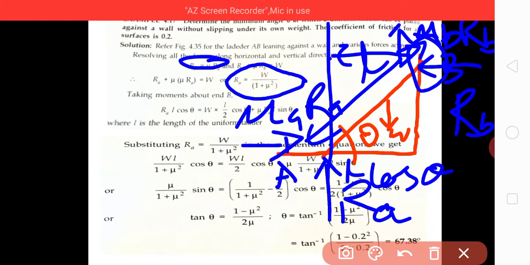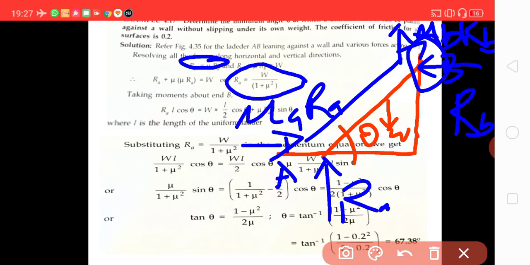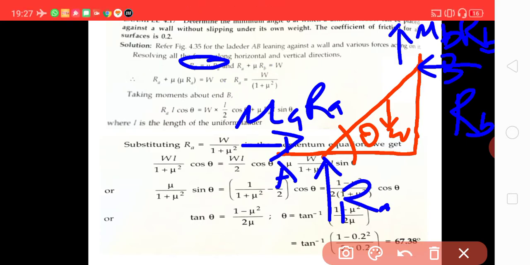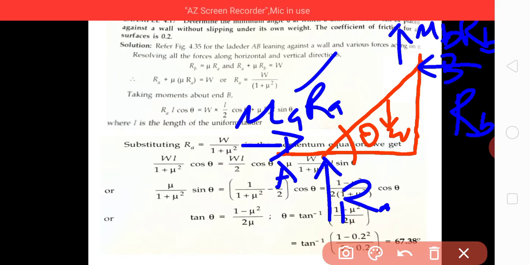RA into this arm, which is L cos theta. Now this equation will be formed here, where L is the length of the uniform ladder.